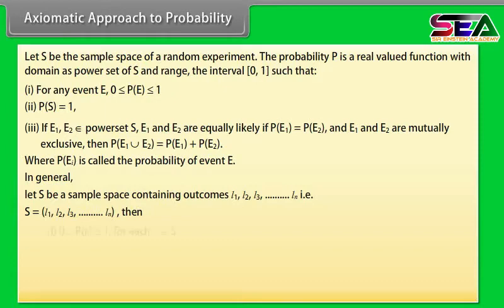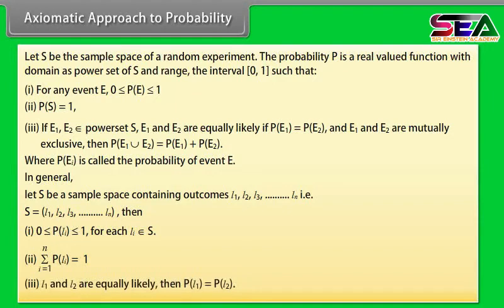Then 1. 0 is less than or equal to P(Li) is less than or equal to 1 for each Li belonging to S. 2. Summation of i equal to 1 to n of P(Li) is equal to 1. 3. If L1 and L2 are equally likely, then P(L1) is equal to P(L2).